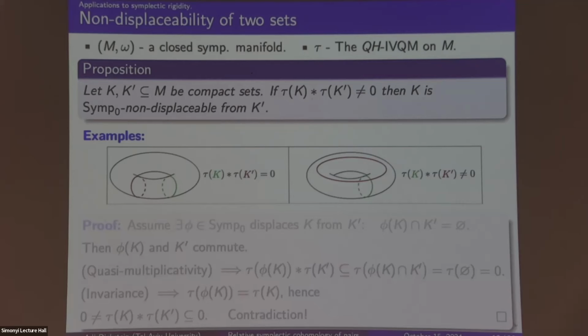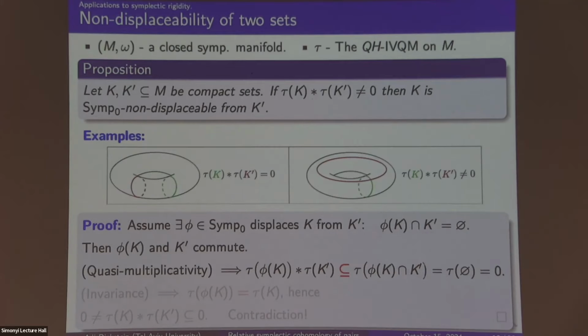And the proof of this proposition is quite short. So assume we can displace one from the other by phi. So phi of k intersection with k prime is the empty set, then phi of k and k prime commute.